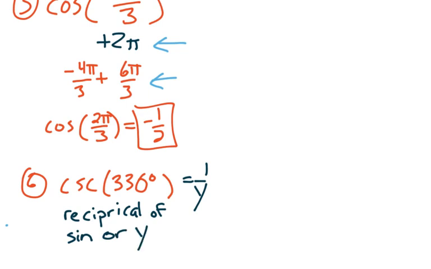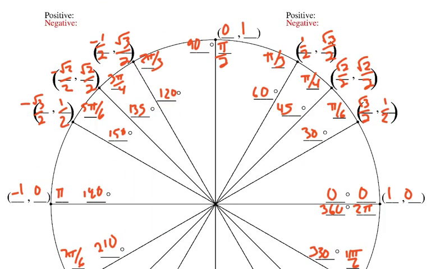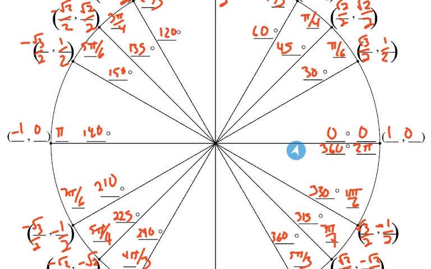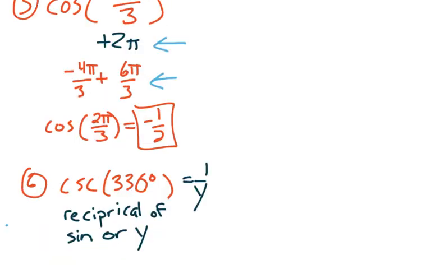So this is just the reciprocal of y. It makes it a little bit easier to do it as the reciprocal than to make it into a fraction within a fraction. So if I find 330 degrees, and I look at the y value, and I try and find the reciprocal. So the reciprocal of negative 1/2, when I flip it, will be negative 2 over 1, or just negative 2.